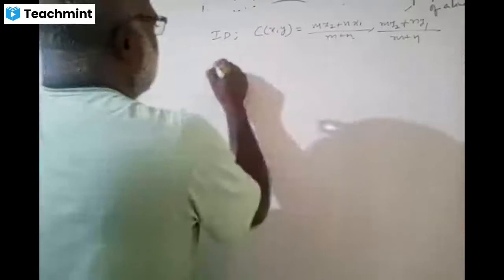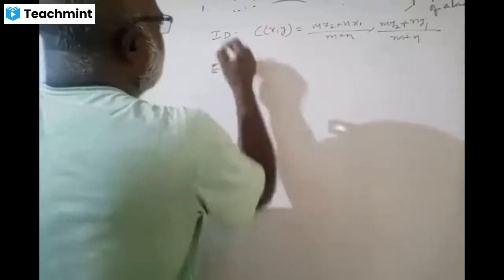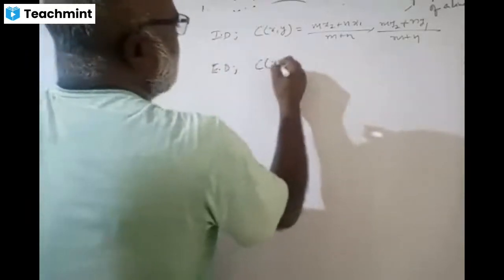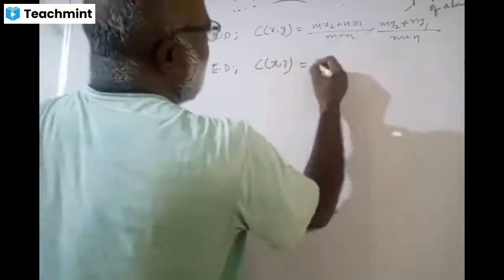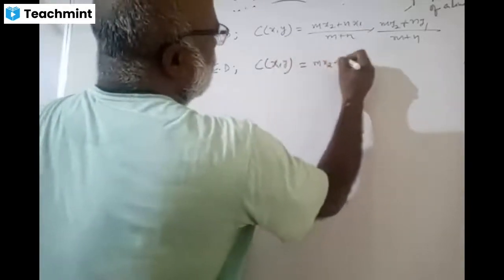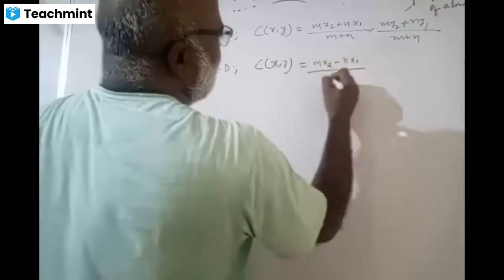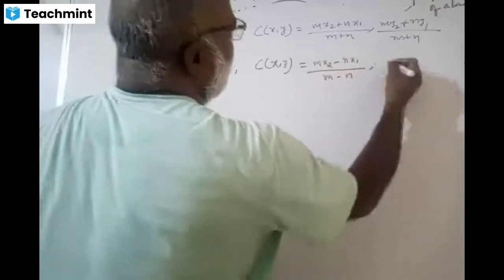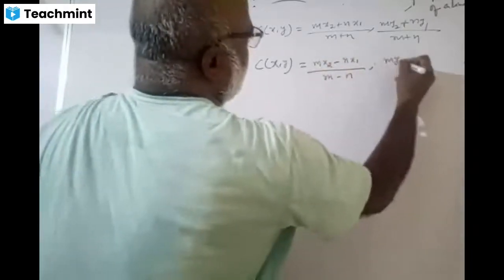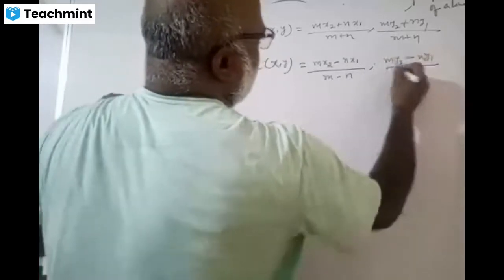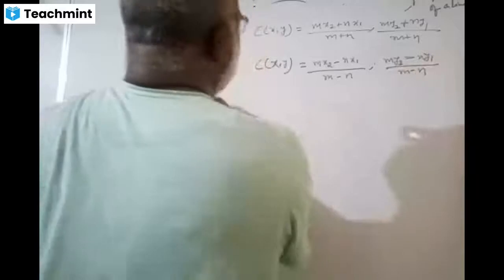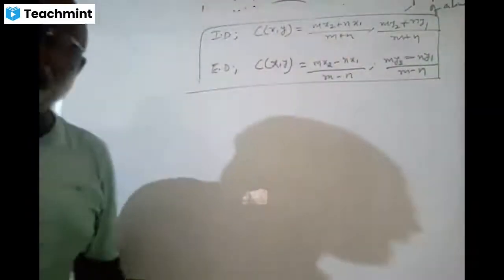External division, C of x comma y, is mx2 minus nx1 divided by m minus n, my2 minus ny1 divided by m minus n. Brilliant. This is how the two formulas are structured.